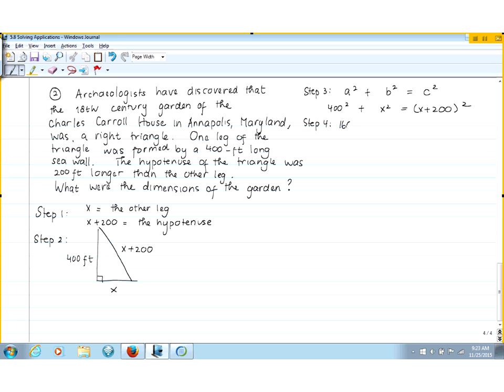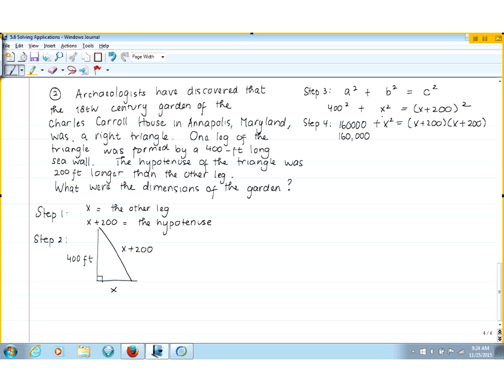So this is 160,000 times x squared is equal to, what is x plus 200 squared? How would you find x plus 200 squared? You have to do what? FOIL, yes. X plus 200, x plus 200.